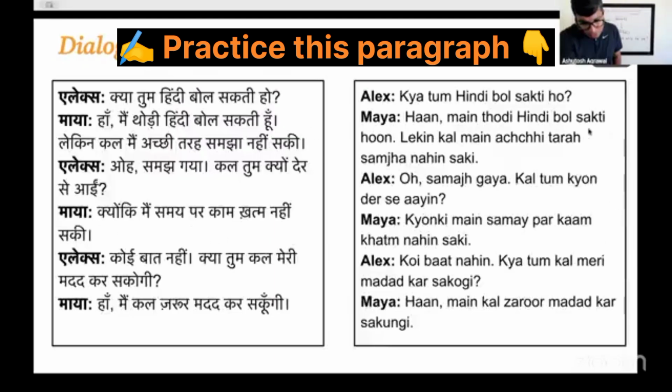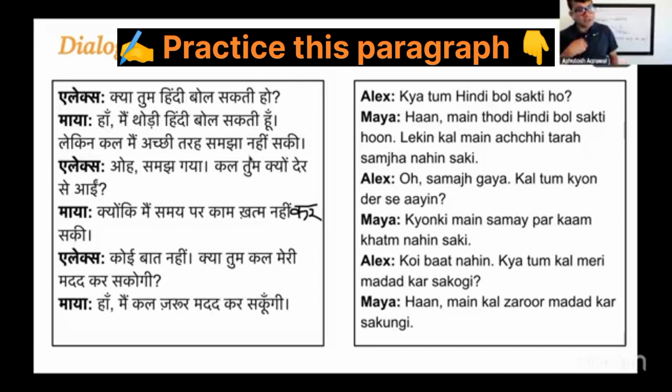Now I know we are right on time, but I do want to do this paragraph. So there's a small typo here. Kaam khatam nahi kar saki. There should be a kar here. I don't know if I can use the annotation tool, but it should be nahi kar. Let's fix it. One is samajhna, which is to understand.